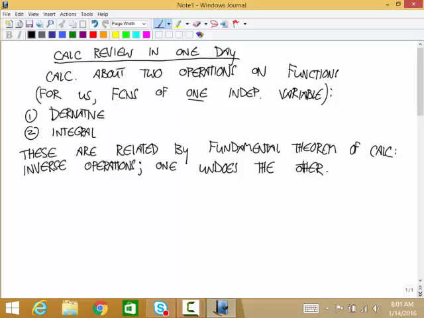Okay, so both of these depend on functional relationships between variables. And so you can't talk about this stuff without being clear about what a function is. That's short for relationship between variables.